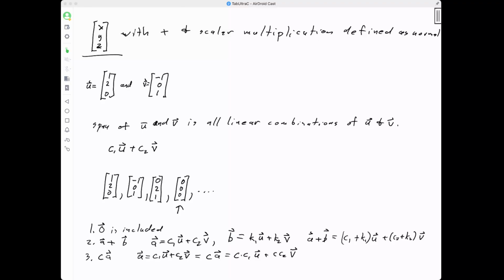If I tried to find, say, the vector 1, 1, 1, I'm not going to be able to build that vector by taking some constant times U plus another constant times V. That isn't true for any constant. So the vector 1, 1, 1 is not in the subspace. So not everything is in this subspace. But the span is a subspace of my original vector space.